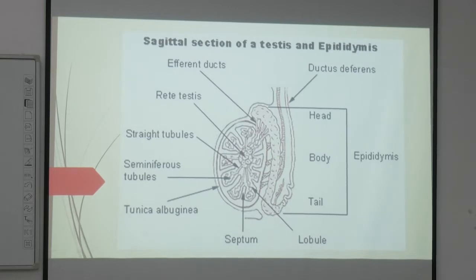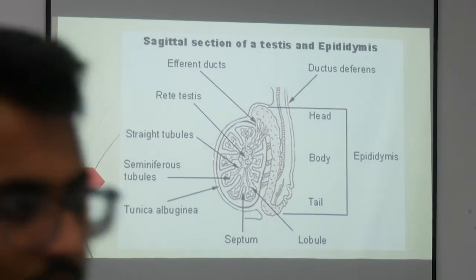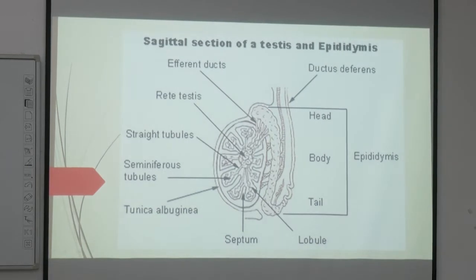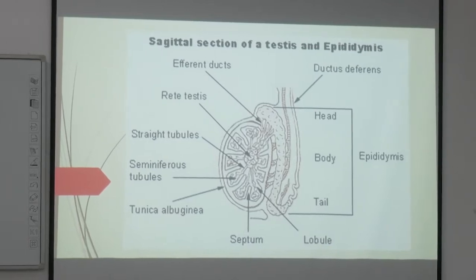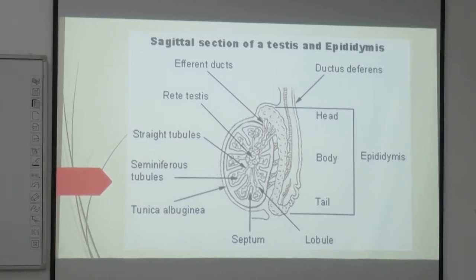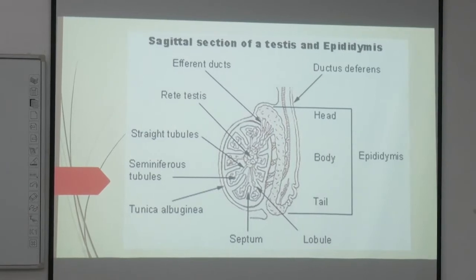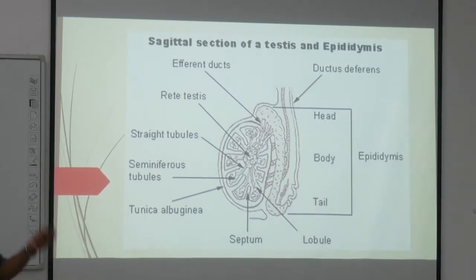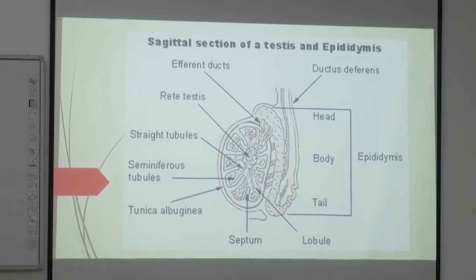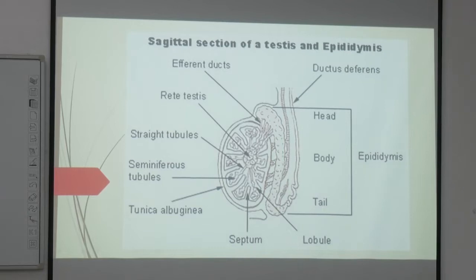After that efferent ducts, then the epididymis. And this is also the journey of a sperm. This is the direction in which sperm moves. Sperm is formed inside the seminiferous tubule, and this is the direction by which it moves. And then we have the epididymis. Within brackets you can write head to body to tail.